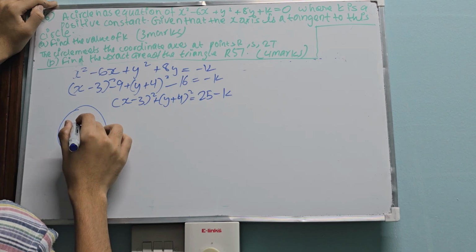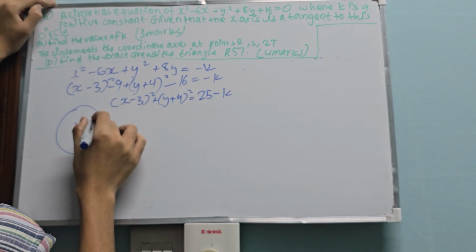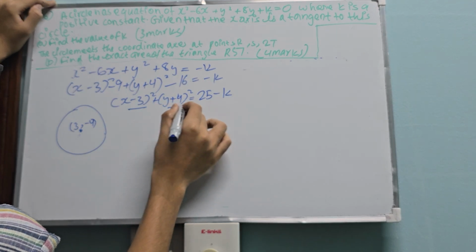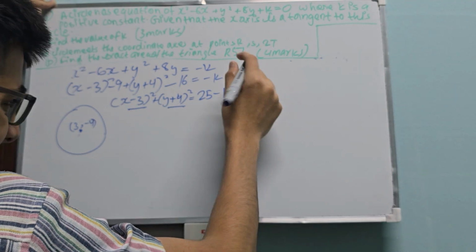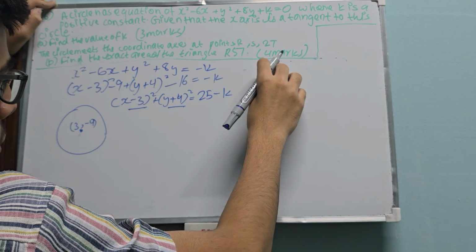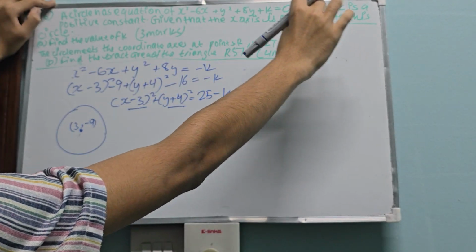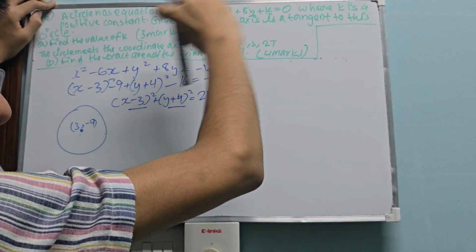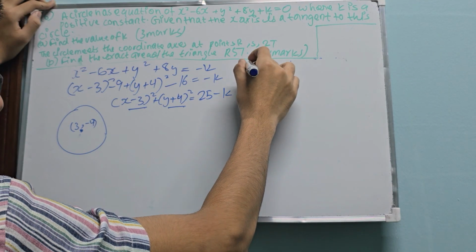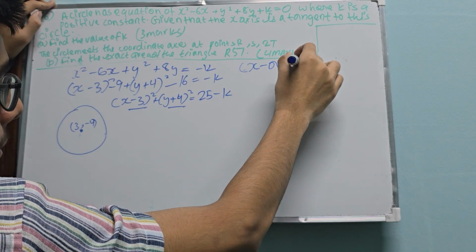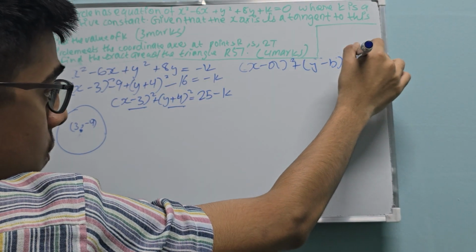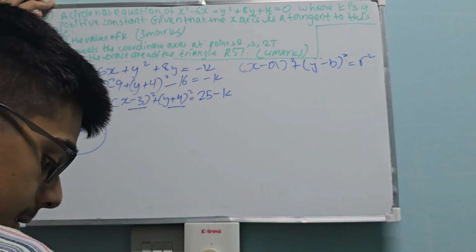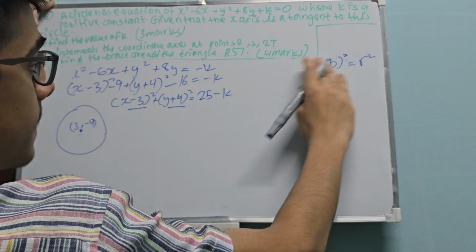This is 3 and minus 4. From here we extract the center. Basically you should know this key fact: whenever the equation of a circle is given in expanded form, you need to write it in this form by applying completing the square. That's super important.